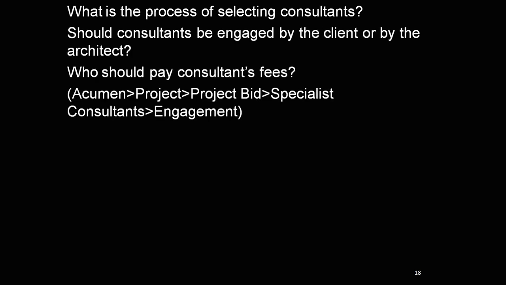Now, how does one go about selecting consultants? Consultants can be selected by either the client or by the architect. Client selection needs to be vetted by the architect, because the architect has to be sure that the consultant being proposed is appropriate for the project and is someone they can work with.